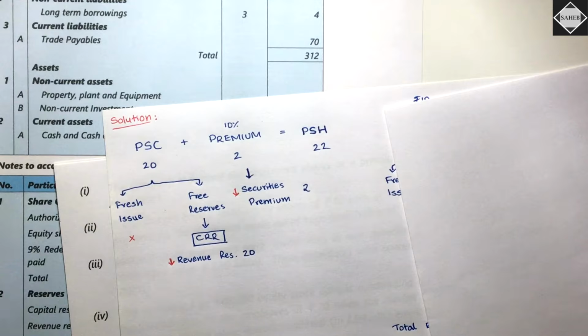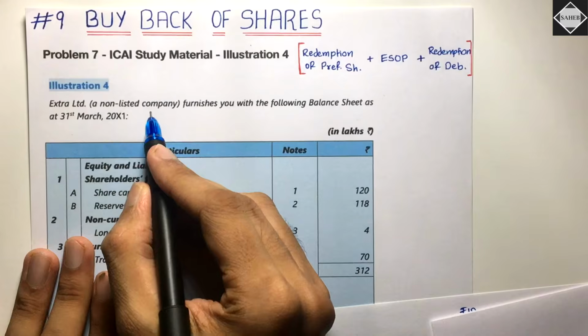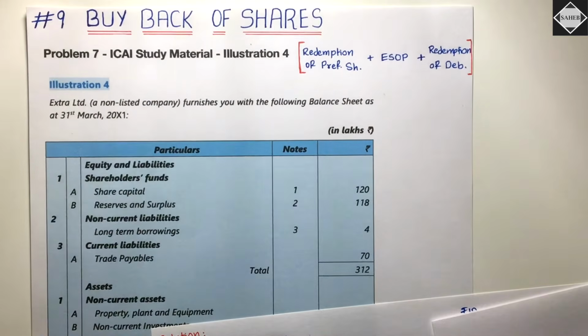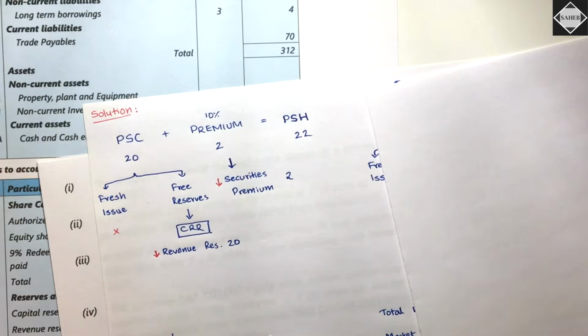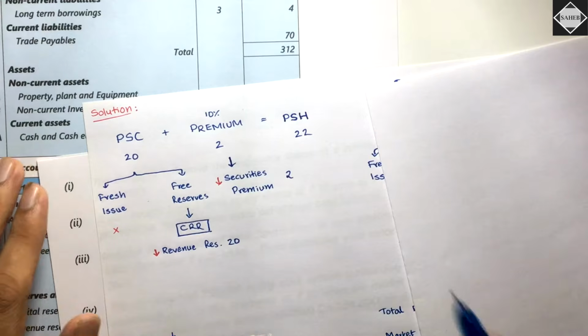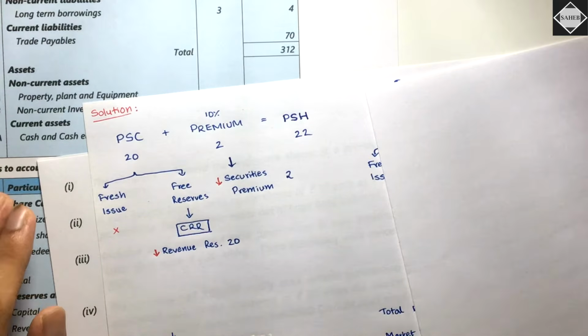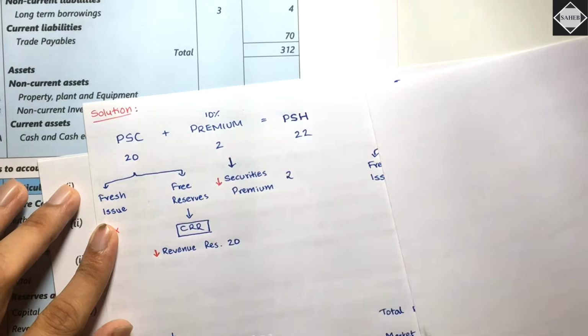So now here the question has given you a hint that it's a non-listed company. So we make an assumption that this company is not governed by section 133 of the Companies Act, and we are utilizing securities premium because we don't have any other free reserves left. Okay, that's why. So here in this question we have to use securities premium to write off premium on redemption of preference shares. Is that clear?